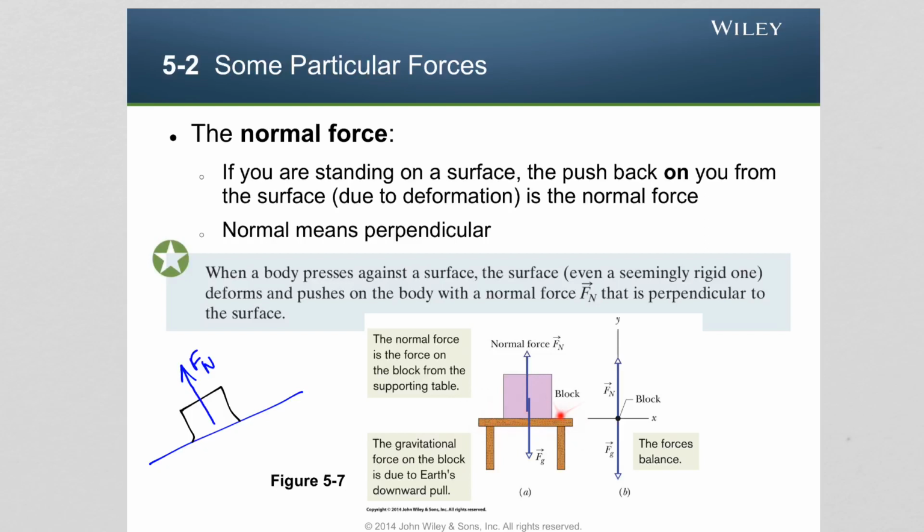So here we have the table, here we have some incline. This is very important. And so, if I drew the free body diagram of this example here, this is my block. The force of gravity is down, the normal force is up. And now, since this is a vertical problem, I need to introduce a vertical coordinate direction.